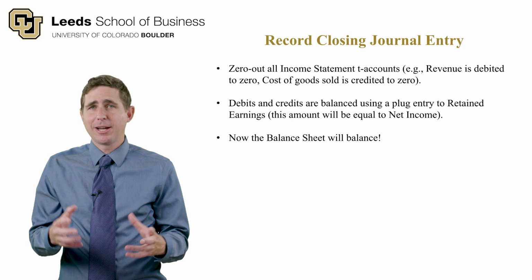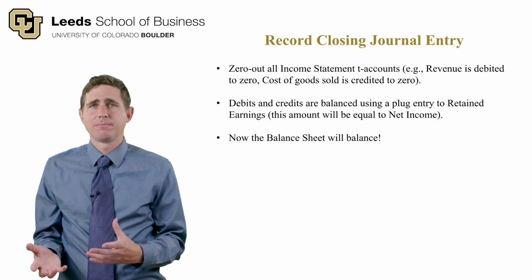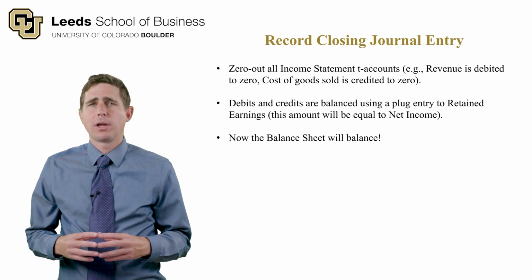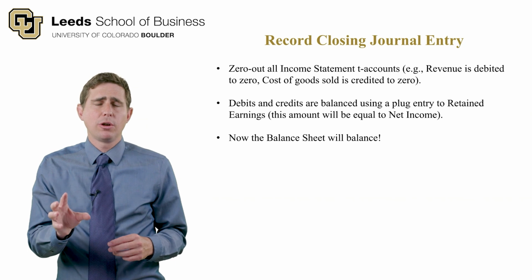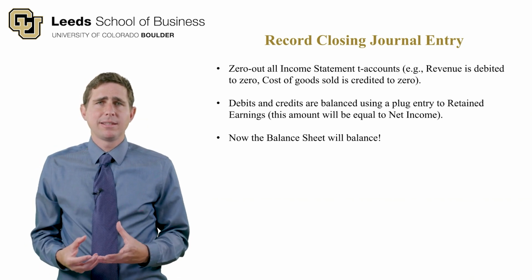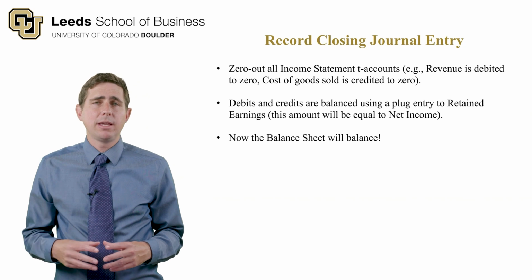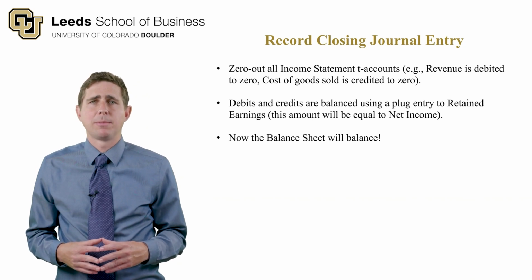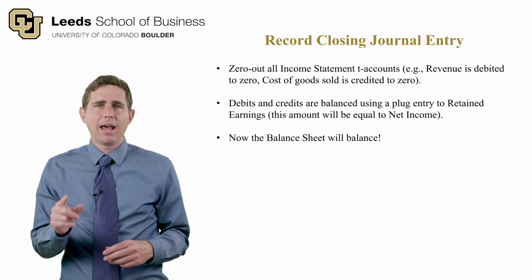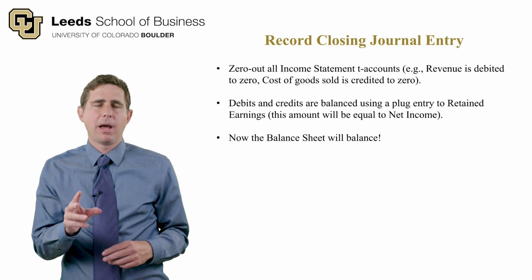That's because our income is not exactly equal to our expenses, most likely, okay? So the plug in that journal entry to balance the debits with the credits is going to go to the retained earnings account. And that plug will be equal to the net income on our income statement. Once we post that amount to the retained earnings account, the balance sheet will balance.